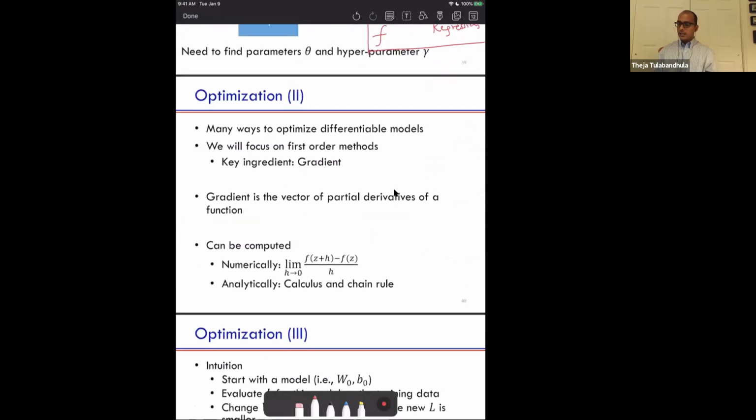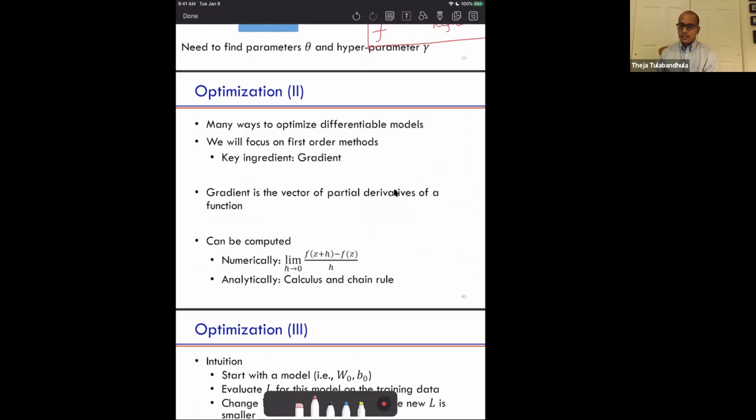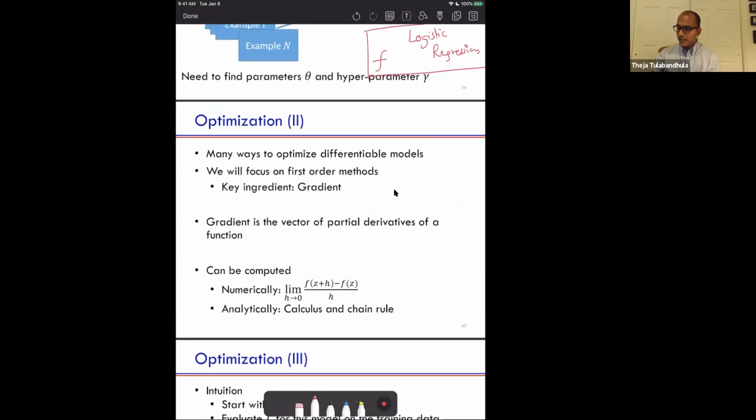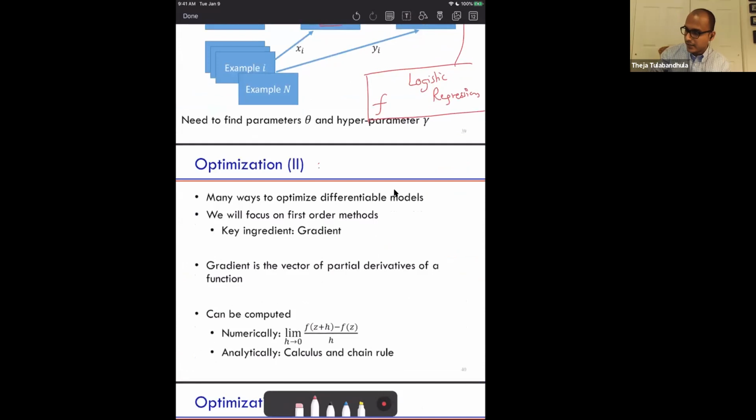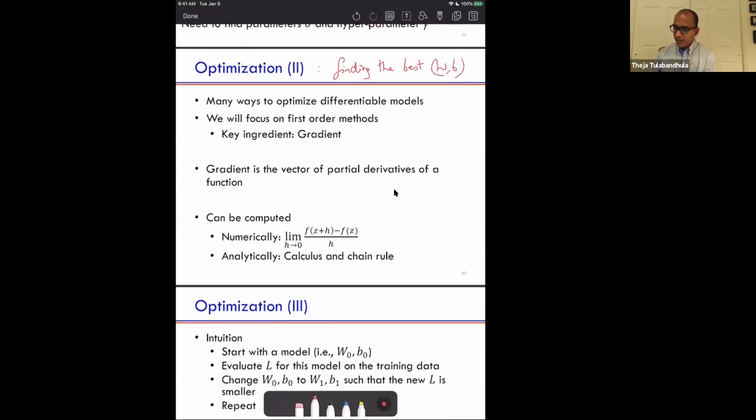Now, let's look at how we optimize, how we choose the best. Optimization is all about finding the best W, B in terms of the loss function we just defined. There are many ways to optimize, and we're going to be concerned mostly with differentiable models.